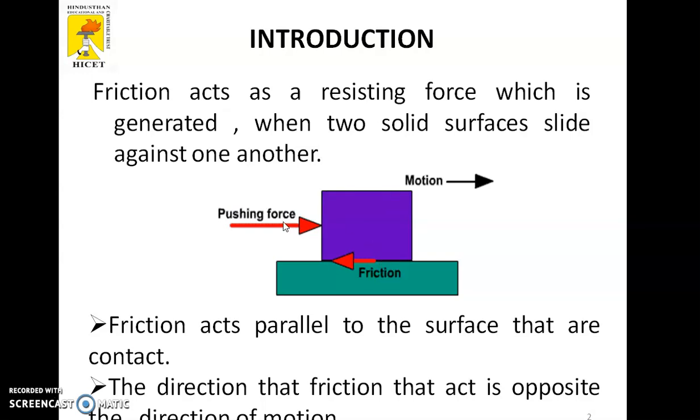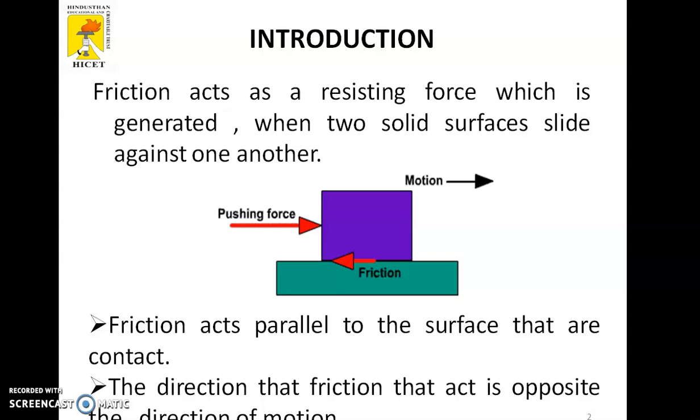But always on rough surfaces, there is a direction of motion. That means the force is applied in this direction. Naturally, in the opposite direction, the friction force is induced.